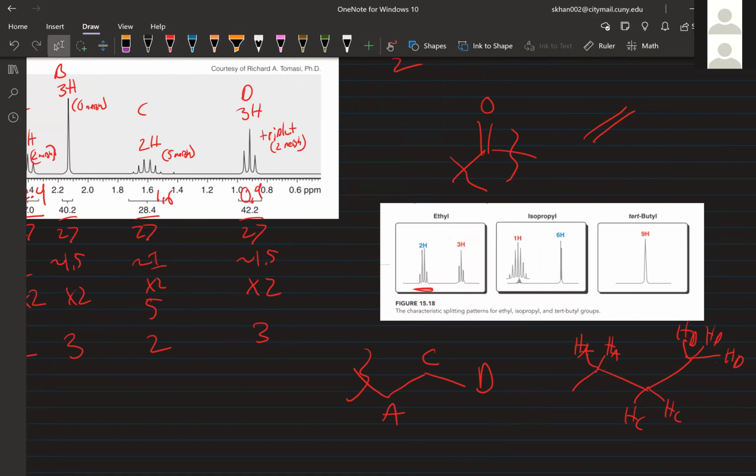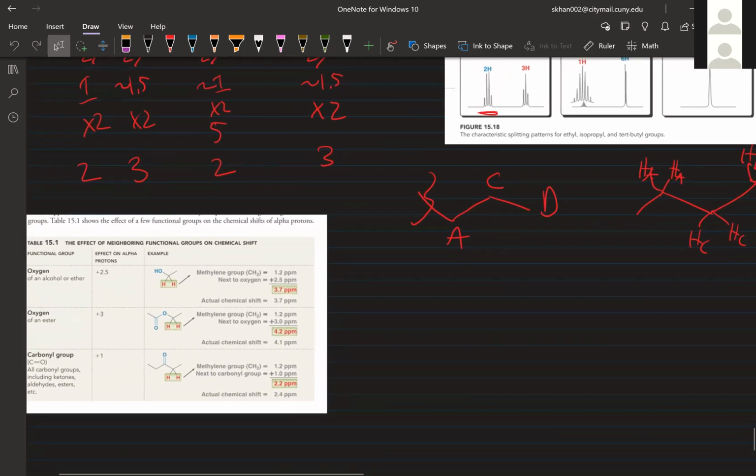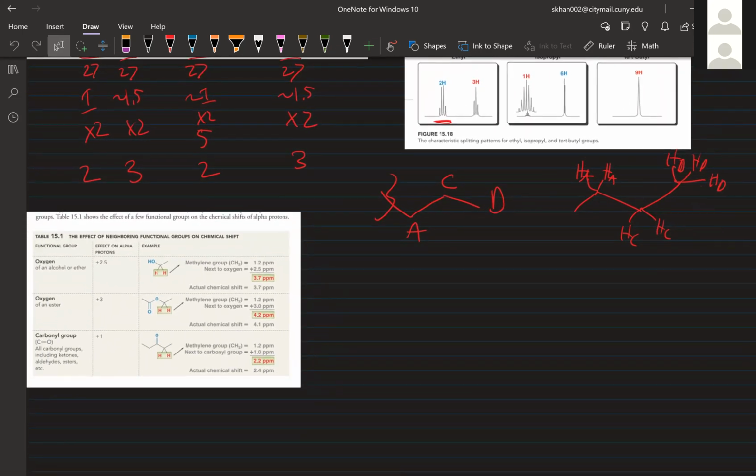So if I went back to that little picture of the signal shift, notice HA and HC that we've determined here.